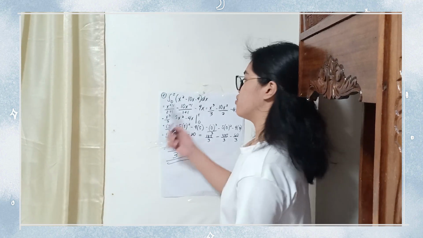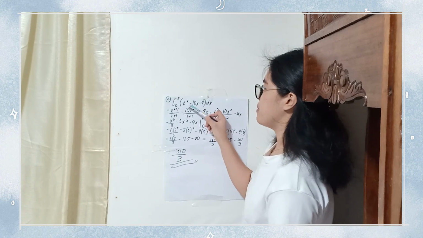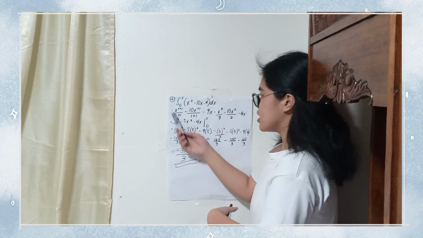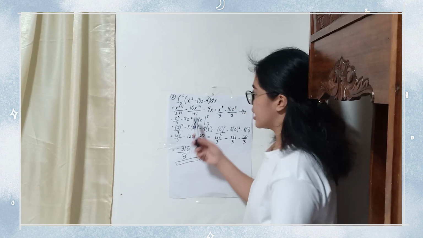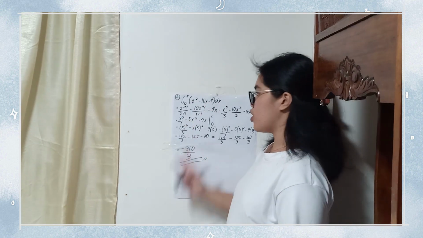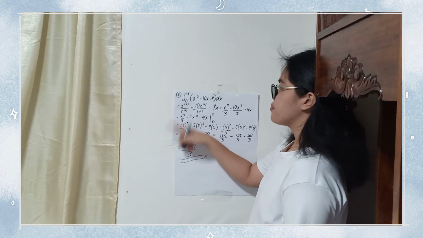So example number 2 is the integral from 0 to 5 of x squared minus 10x minus 4 dx. Again, we need to integrate, and we follow the exponent rule in integration because it has an exponent. So again, we just add 1 to the exponent.